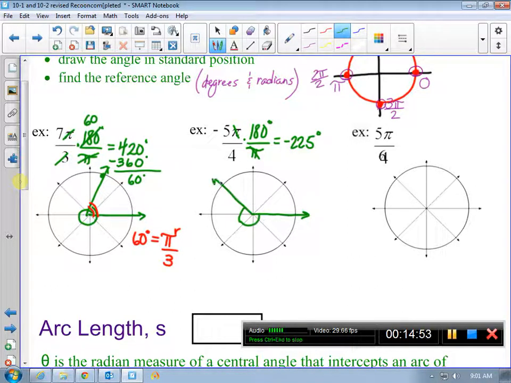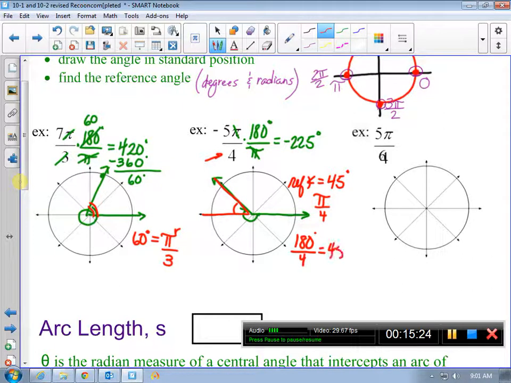These arrows are the 45s. So you can see then the reference angle, always with the x-axis, is just this little part. So the reference angle is 45 degrees. And all of our 45s have a 4 on the bottom. This is pi divided by 4. If you want to confirm that, take a look at 180 degrees divided by 4, and you should get 45 degrees.